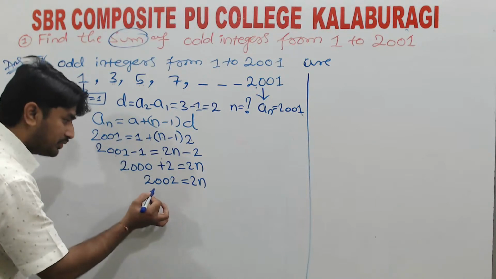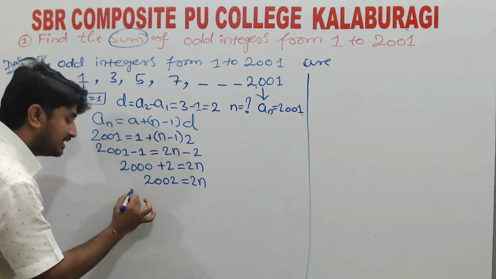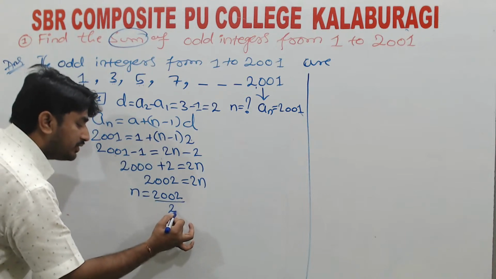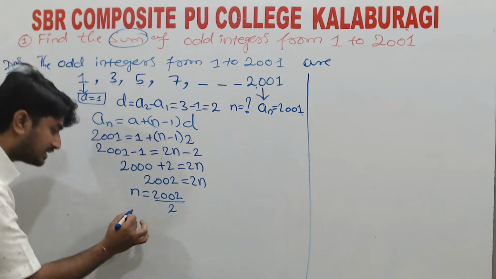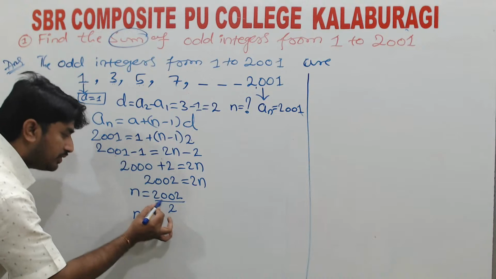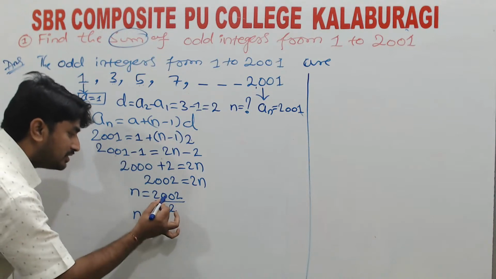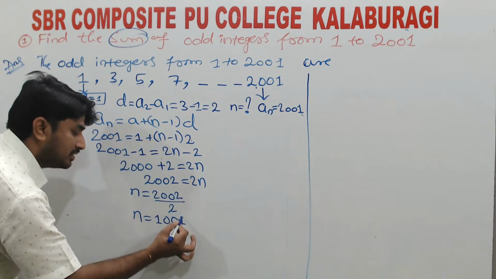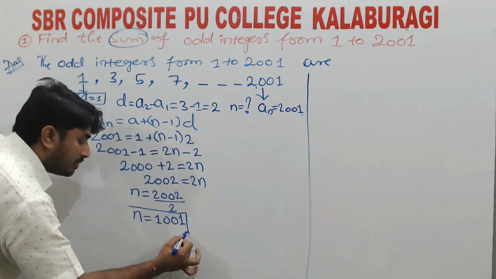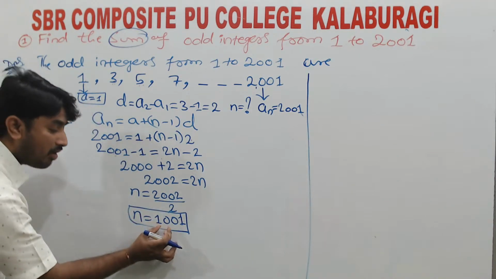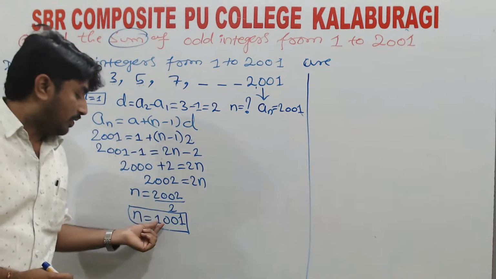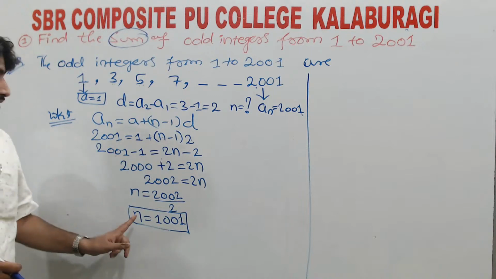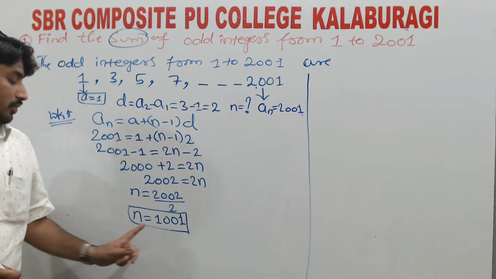Taking 2 to the LHS, it divides, so n equals 2002 divided by 2, which is 1001. The number of odd integer terms is 1001.